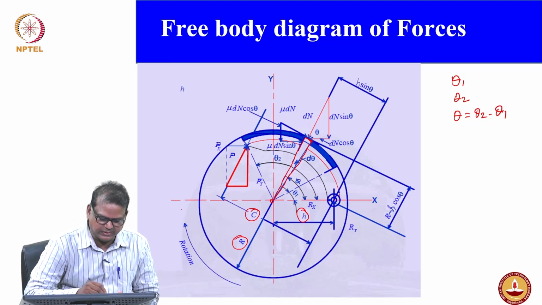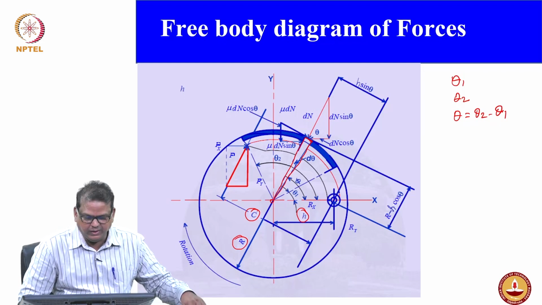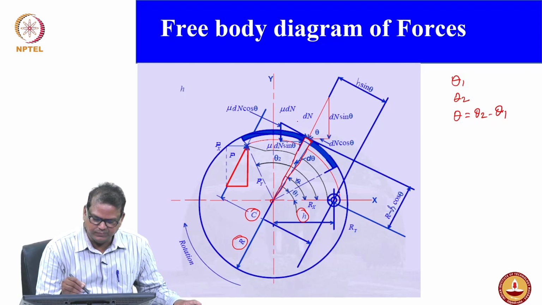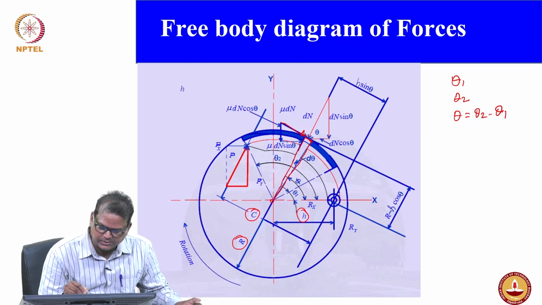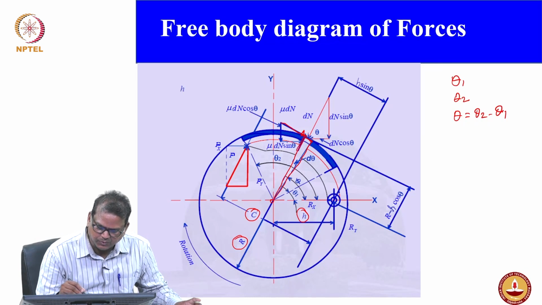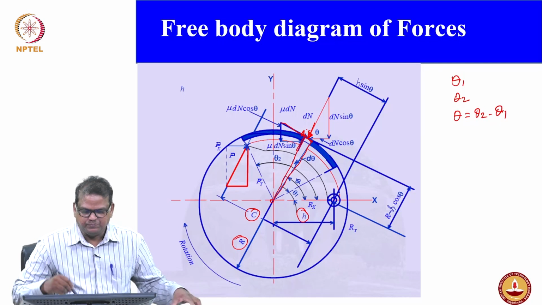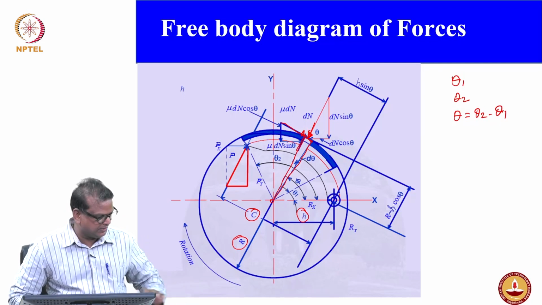Since the rotation is there, the friction will come in this direction, and the normal in this direction. So this is the free body diagram. Hope you understand that.